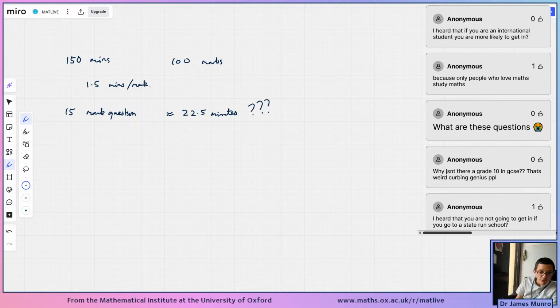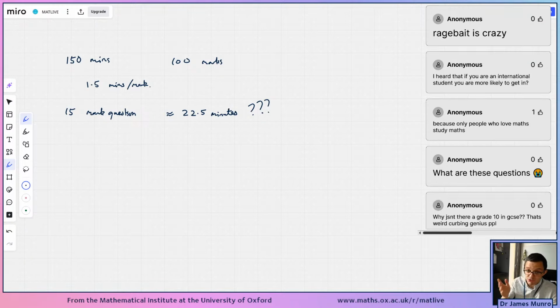I heard that if you're an international student, you are more likely to get in. I don't think that's necessarily true. International applicants are often a bit different from home applicants in several ways, because for international students, if you're proposing to go overseas and study at Oxford, change country, pay overseas fees, there are several other things going on there, which we think affects the pool of people we get applying.